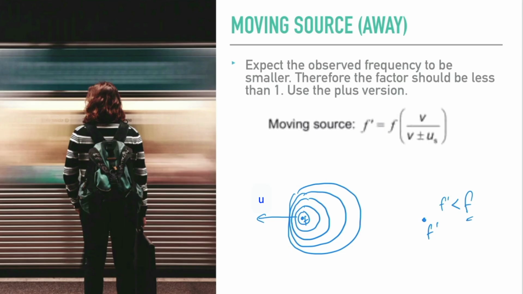If it's less, then this factor should be less than 1 to make that number smaller. So if it's got to be less than 1, then this has to be a plus. So the formula you'd use if there's a moving source away from the observer is v over v plus us. And remember, us is the speed of the source and v is the speed of the wave.